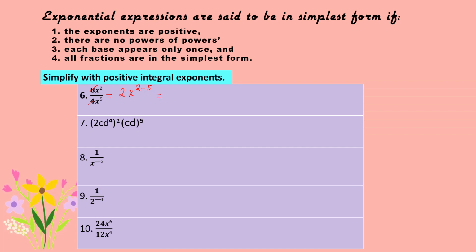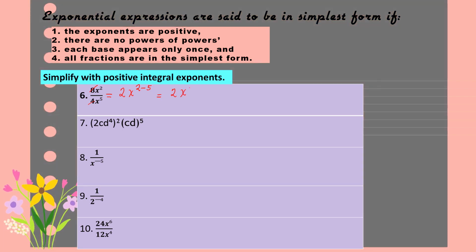Subtract the exponent by applying the quotient rule. So, 2x raised to negative 3. So, we will have 2 divided by x raised to the 3rd power as our final answer by removing the negative exponent.